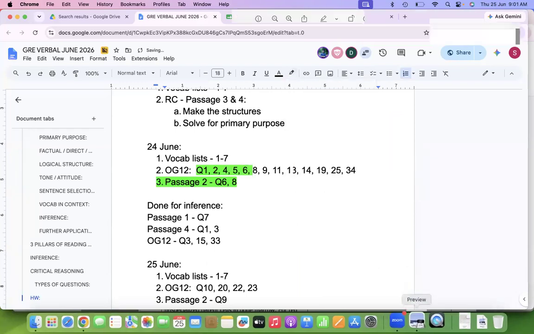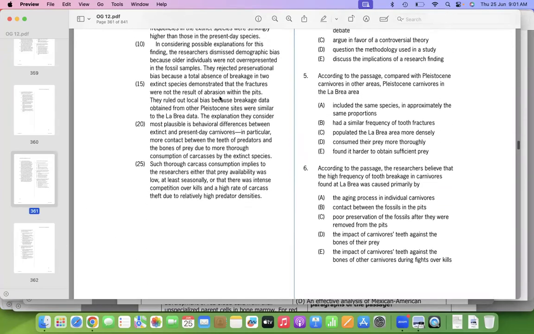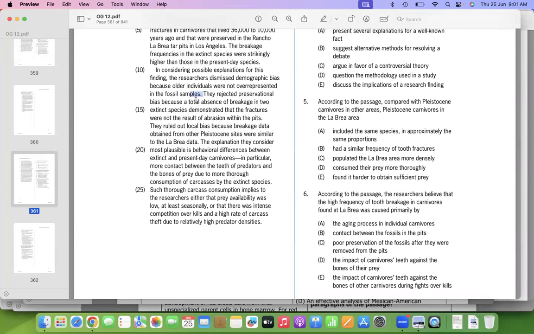Did you do question number 8? That's also a factual question. If the researchers had not found, then what would they conclude? So if we go to this one is related to the preservational bias. They rejected preservational bias because of a total absence of breakage in two species.